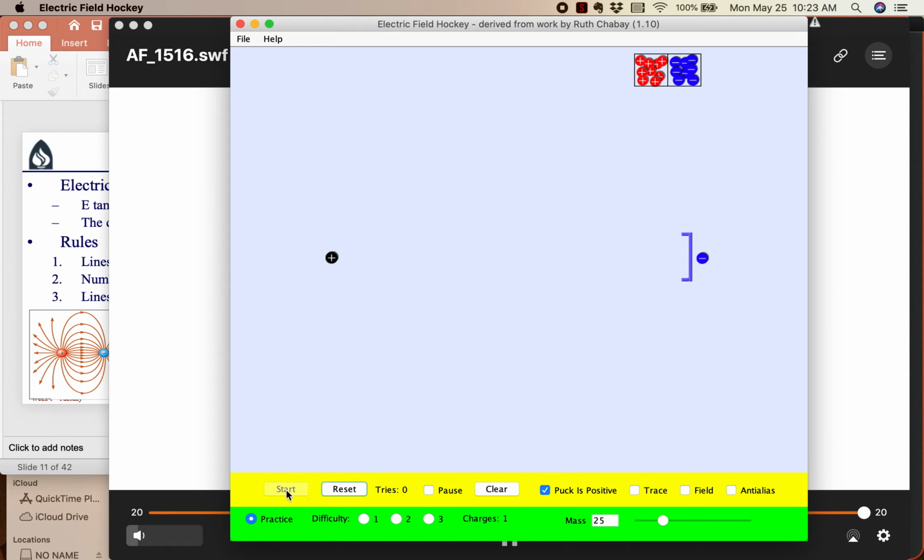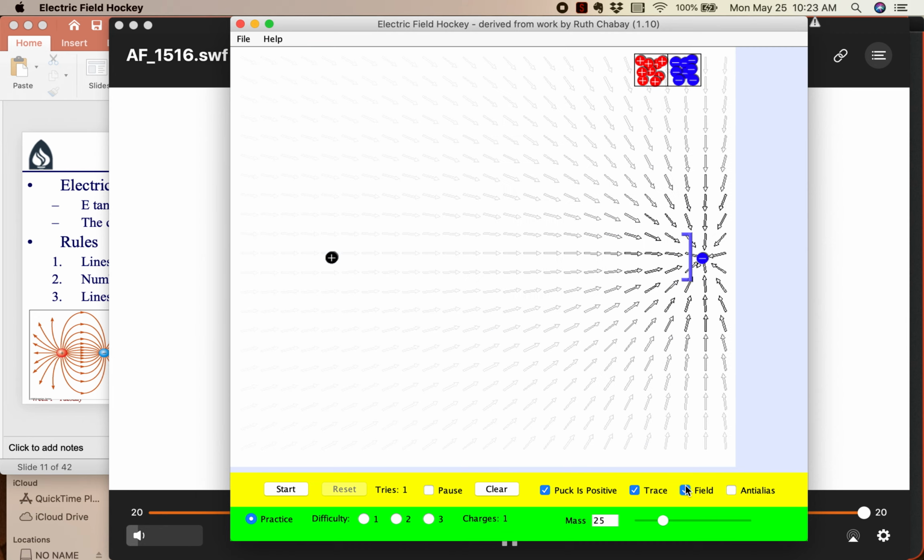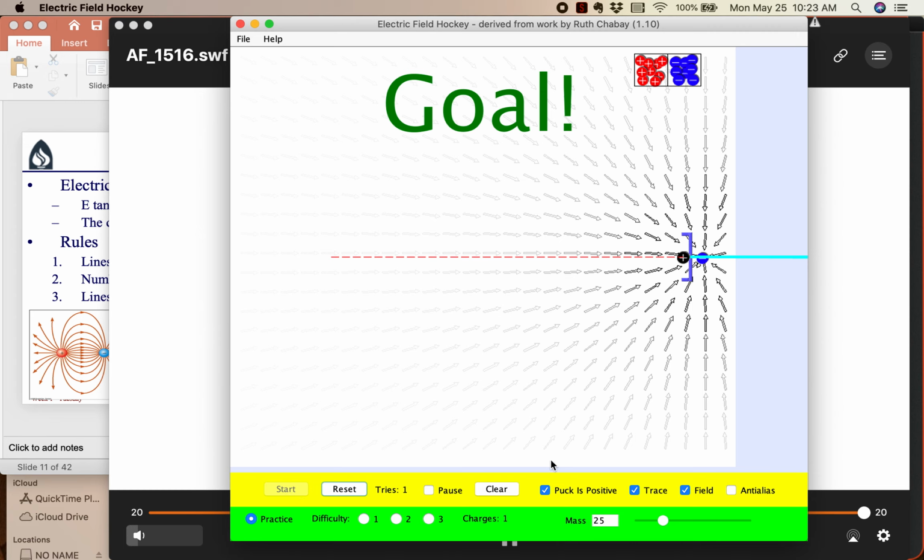And once we start the game, the puck moves in response to the negative charge. And I made a goal. Let's reset. We can also show the field, so you can see how the electric field is shaped by the charge, and this is the electric field that the positive charge reacts to. And you can also see by turning on the trace where it has gone.